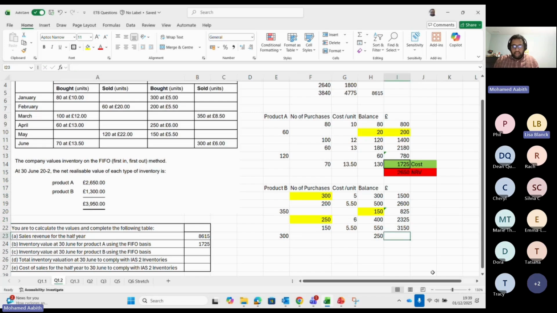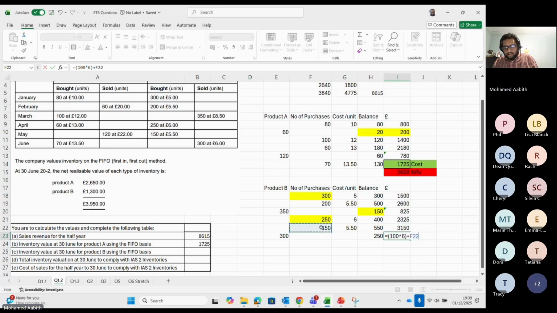So let's say here, this is going to be 100 items times £6. 600. These for £6. And then plus that times that one.